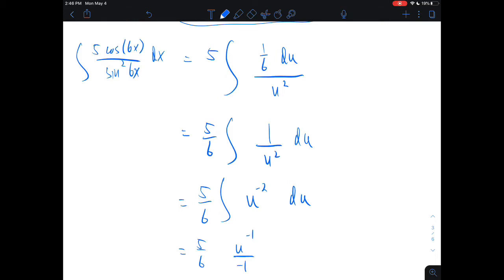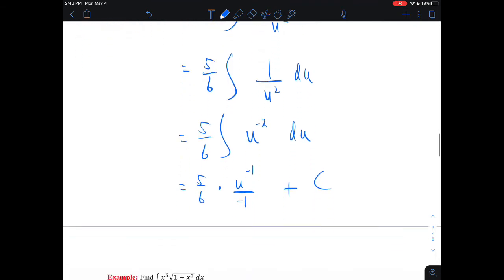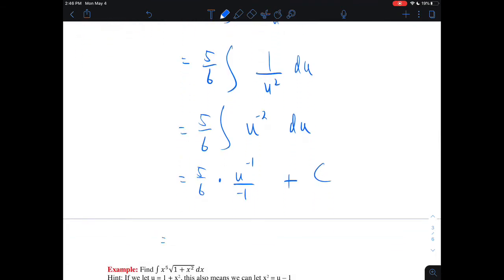And the 5/6 is just going to multiply by that function, my constant of integration. I'm just going to use capital C again. So then all I have is -5/6 times u to the -1, plus my constant of integration.